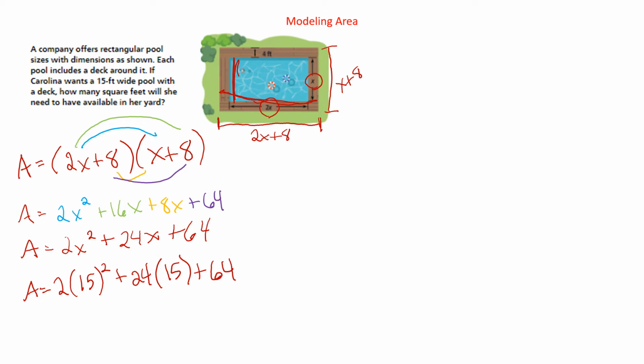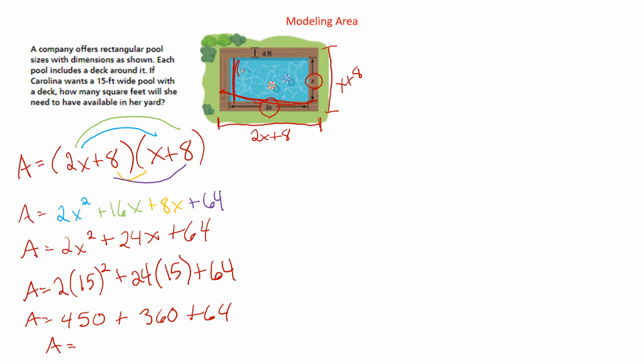15 squared is 225. So the area would be 2 times 225 is going to be 450 plus 24 times 15 is 360 plus 64. Add these all together.